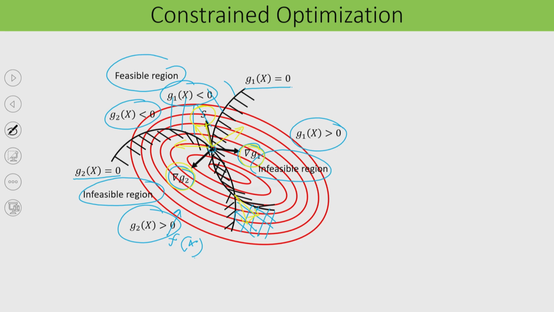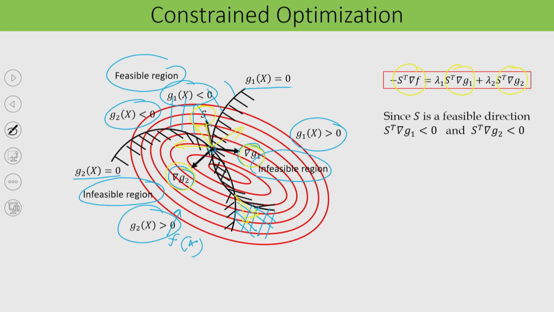Now, if you take any direction from here, suppose as we have taken the S direction, we write that S transpose del F is equal to lambda 1 S transpose del g 1 plus lambda 2 S transpose del g 2.